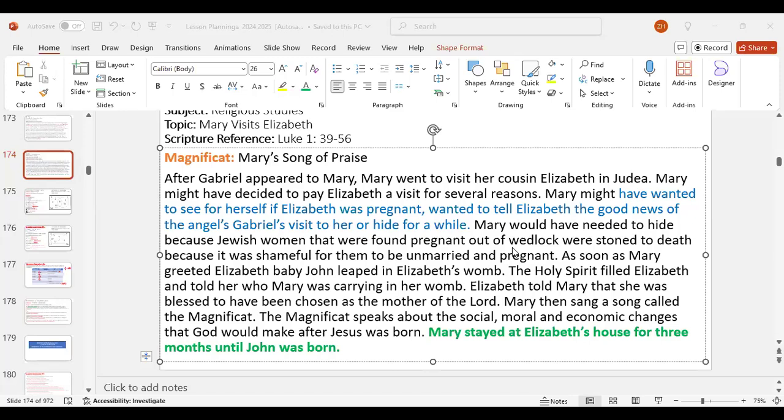Explain why Mary might have gone to Elizabeth. She wanted to see her. What else? She may have wanted to hide, due to the fact that it was shameful, because maybe she thought she would have been stoned. She wanted to see for herself if Elizabeth was actually pregnant.